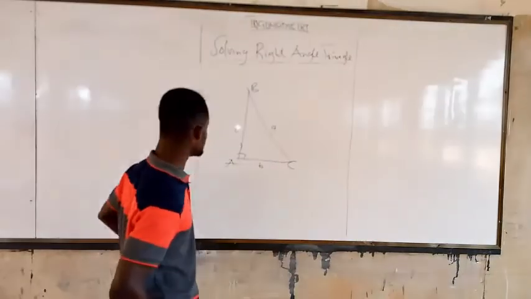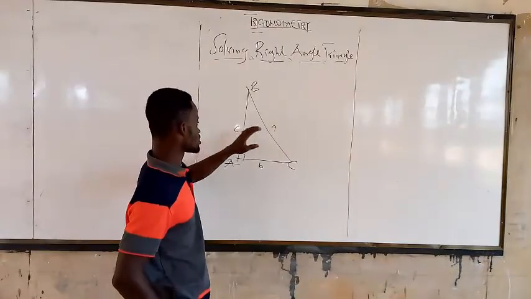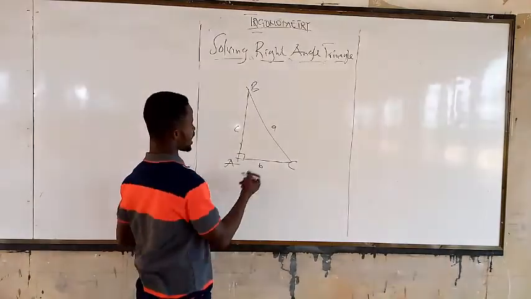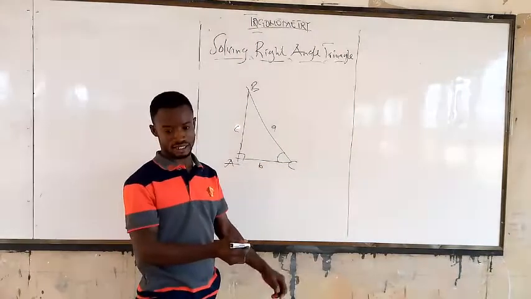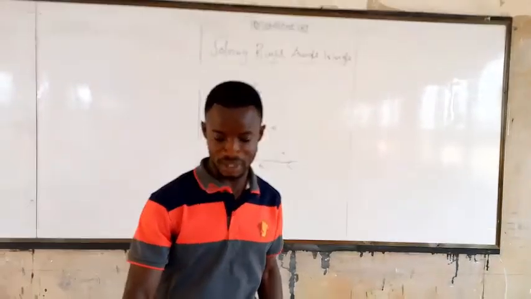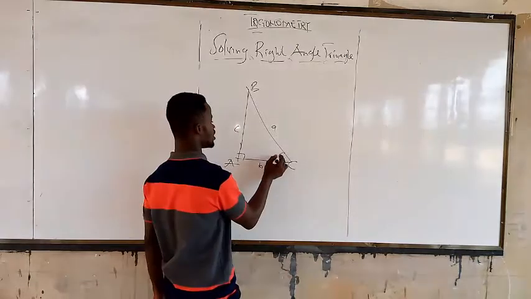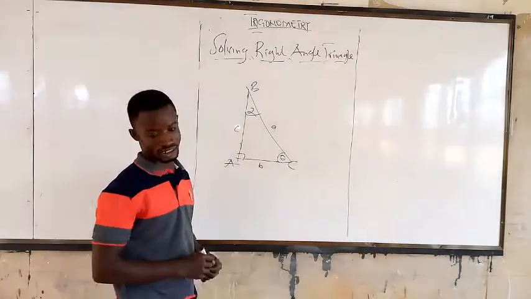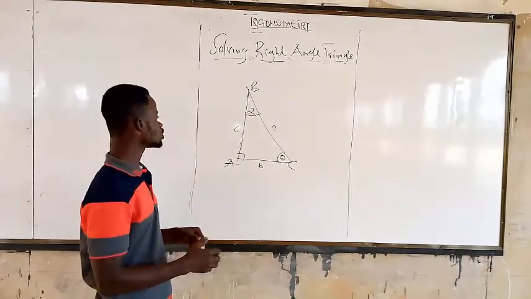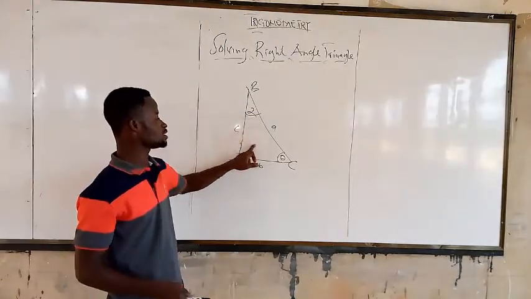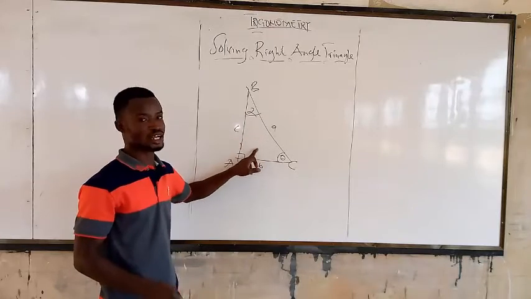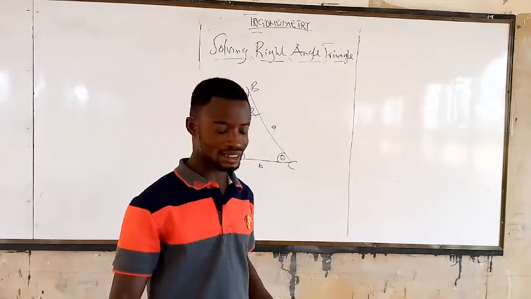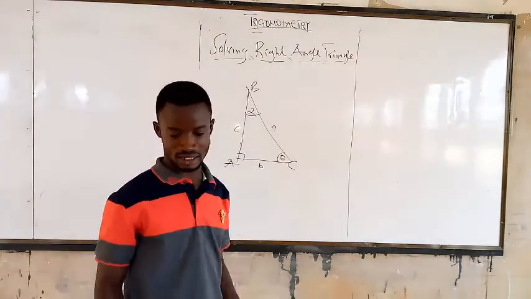So you know that the sides are A, B, and C. We have the angles, which we can represent by theta and alpha. You also know that when we sum the interior angles of a right angle triangle, you get 180.